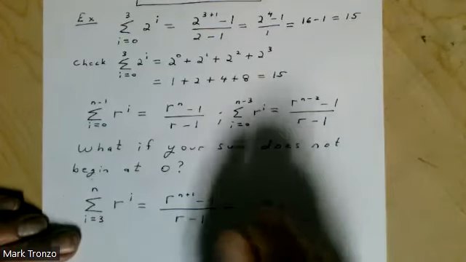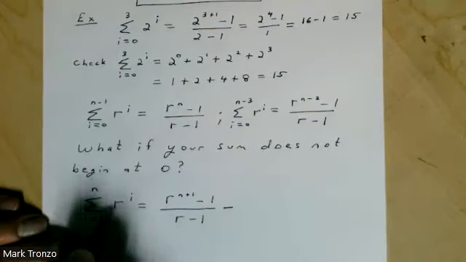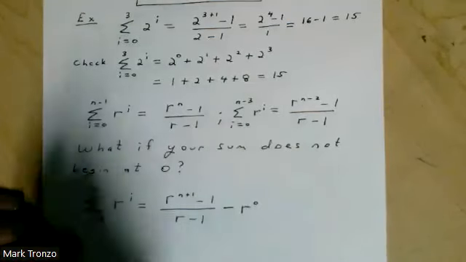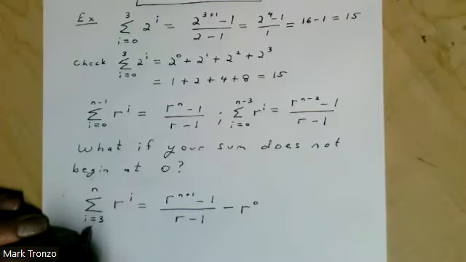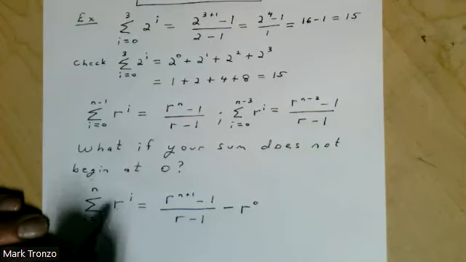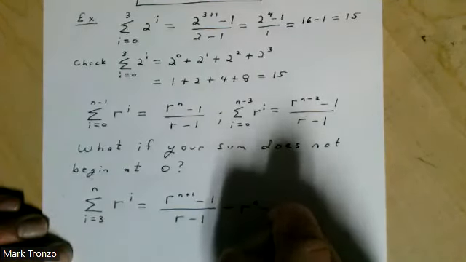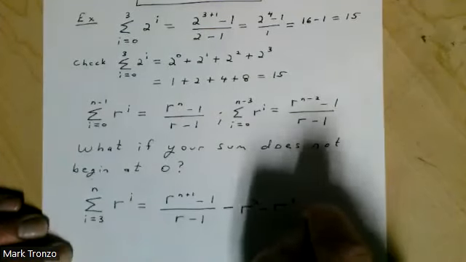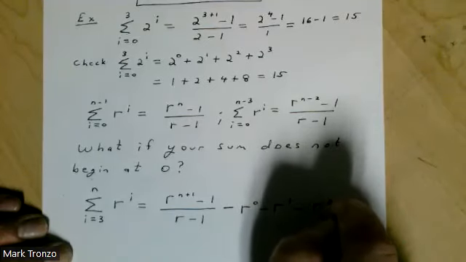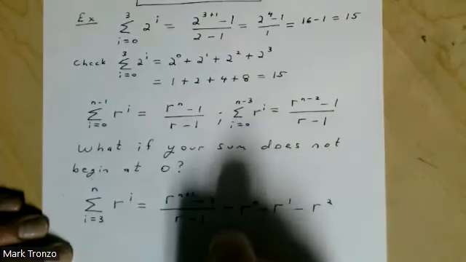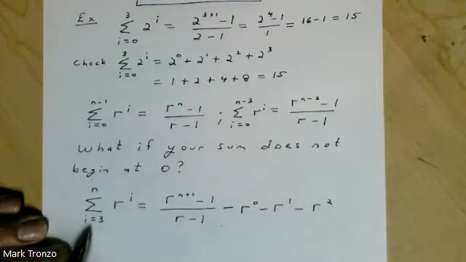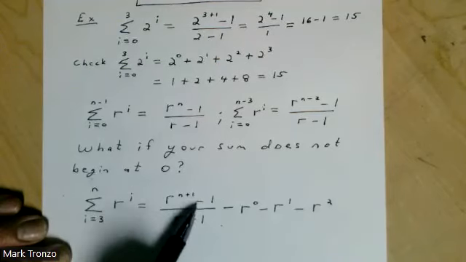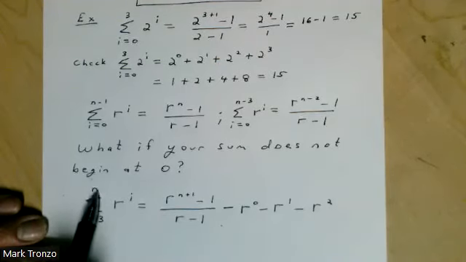Notice 0 isn't here, so that means r to the 0 is not here, so we have to subtract that. And i equals 1 is not here, so we have to subtract that. i equals 2 is not here, so we have to subtract that. So again, we're subtracting the missing terms from this sum. Just to review, this sum right here represents all the terms from 0 to n.